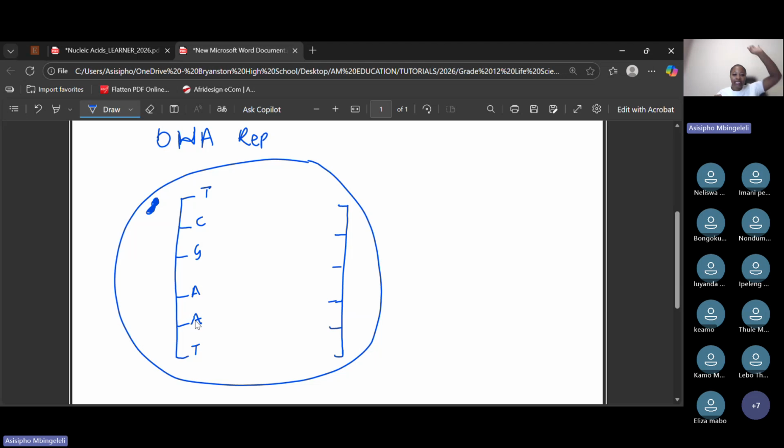Now I need someone to unmute and tell me the bases that are on the strand on the right. Now remember, these are bases that were initially paired to these bases that we can see on the strand on the left. Anyone can unmute and tell me? A, G, yes, I'm listening. The first one here.